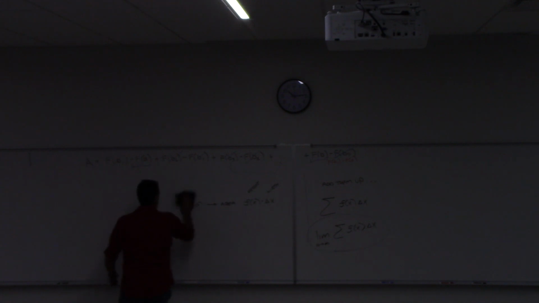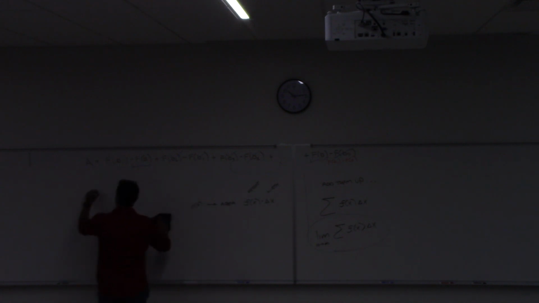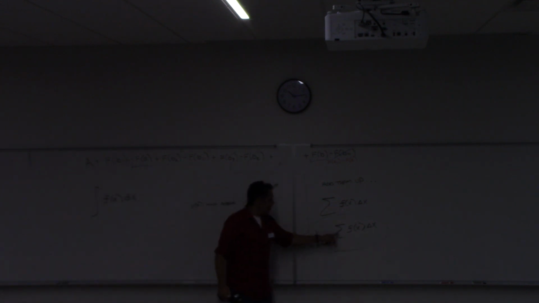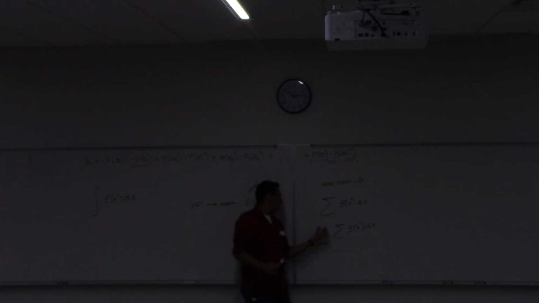So I'm going to go back now to our integral notation. That was our notation. Do you all see that this integral symbol represents the sum? It's a sum, but it's more than just a sum. We're going to take the limit as n goes to infinity. The number of rectangles goes to infinity.